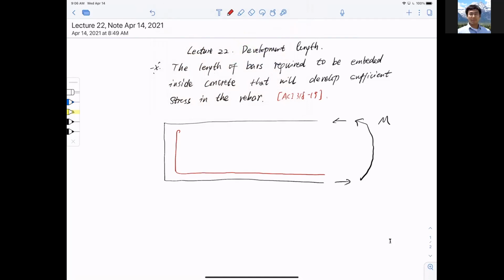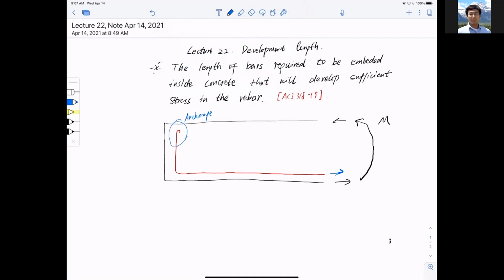So if you think of it, the end of the bar is essentially just a hook for anchor. So this is the portion for anchorage, where the bar needs to stay in, and we're pulling the bar out. Essentially, that is from the end of the concrete beam.